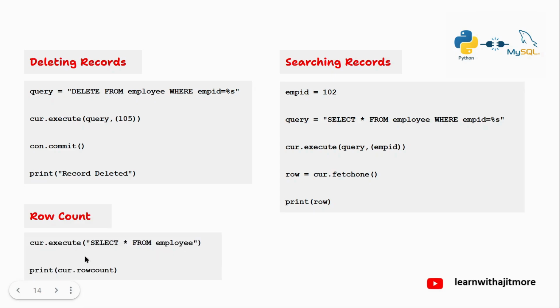So you can get it with row count. Not only for insert, delete, and update. Like after every insert, you want to find how many records got inserted, or after delete, how many got deleted, after update, how many got updated. Even for select query, you can find out how many records have been fetched. You can use this row count.